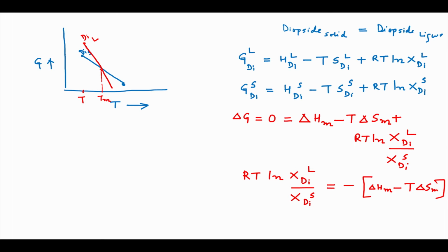equilibrium at this T m temperature, where your delta G is also 0. So, if we take at melting temperature, where this is equal to delta H m minus T m delta S m. So, at equilibrium at this melting temperature, this will be the equation, and if this is equal to 0, then we can write down this T m delta S m is equal to delta H m.